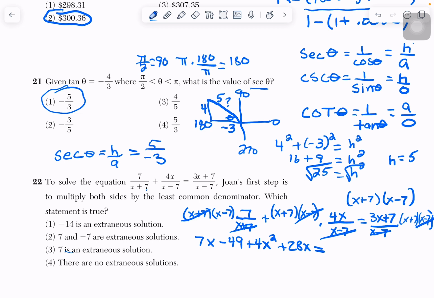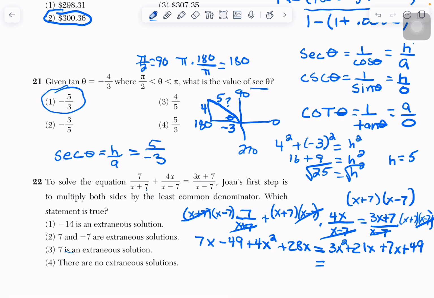Now you have to do a FOIL, right? So we get 3x squared plus 21x, 21x, right? Plus 7x plus 49. Okay, these two.